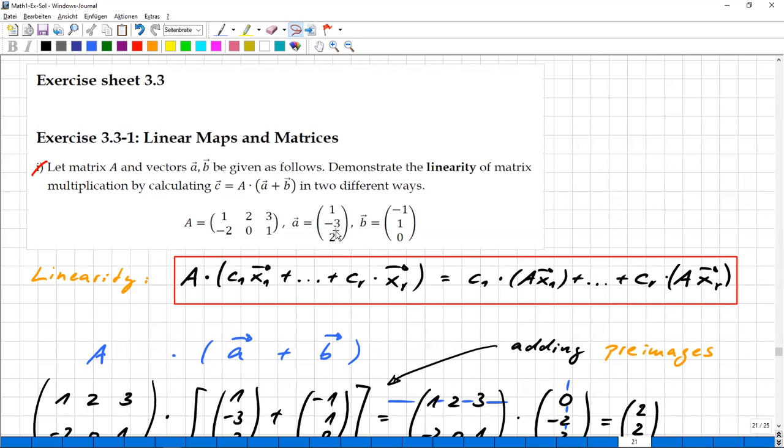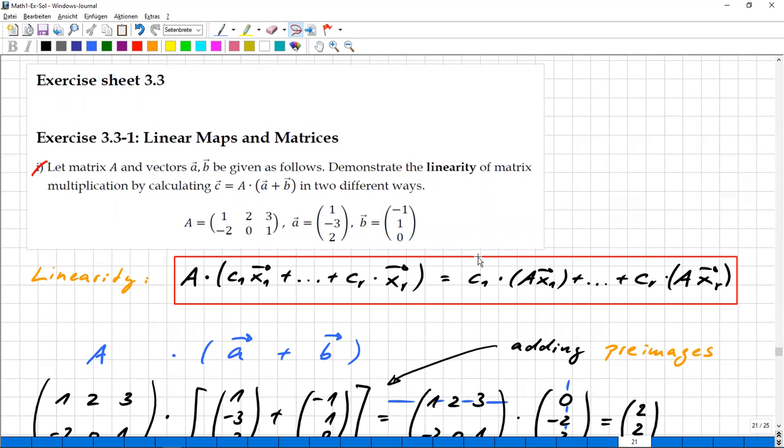It works fine. Now, this is the theorem of linearity about applying matrices to vectors. If you look at this expression, you can see what it means if a map is linear.